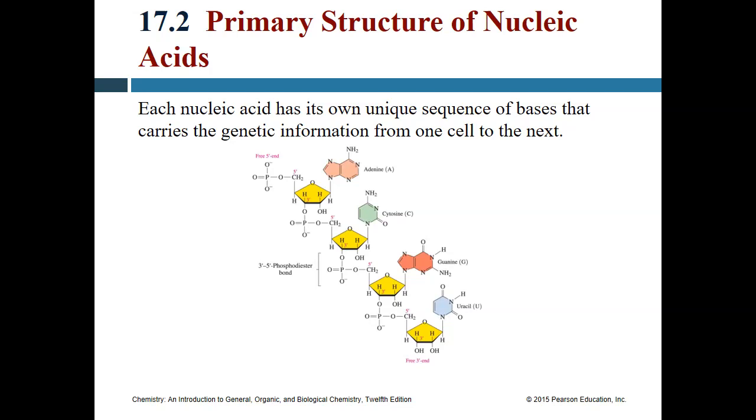Now we can get into kind of looking at things from a structural standpoint. So here's where things can get a little bit more messy on our side. Because now we are going to start linking these together to create a chain.